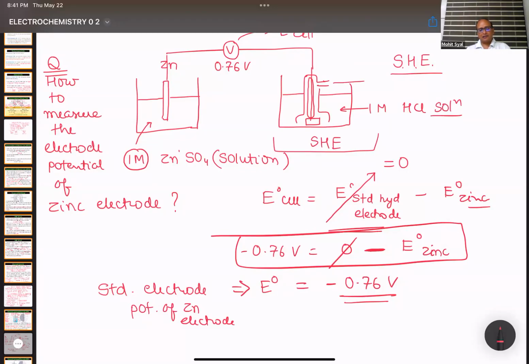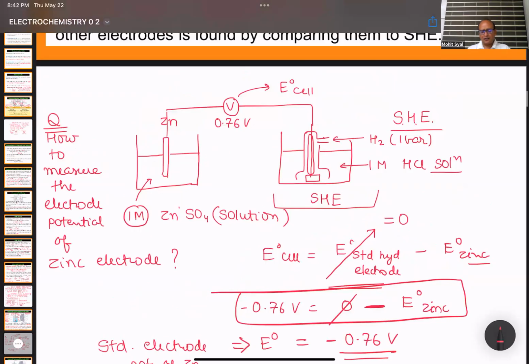And we cover it with a tube and we pass hydrogen gas, we bubble hydrogen gas at 1 bar through this HCl solution. Is it clear? Got it? So this is the construction of standard hydrogen electrode.